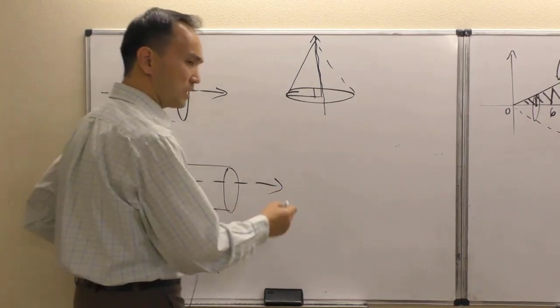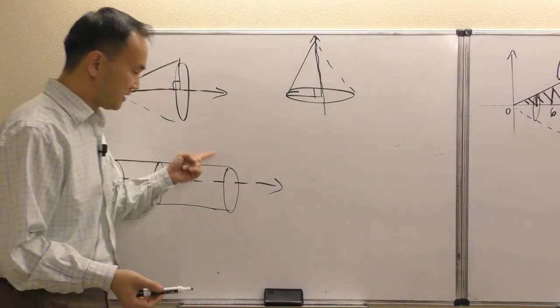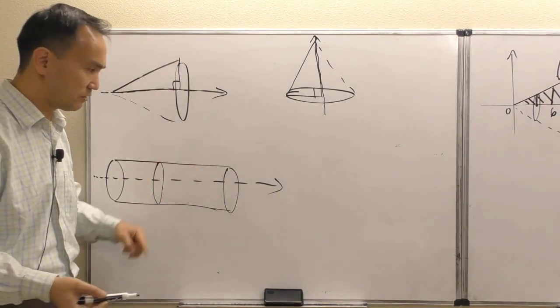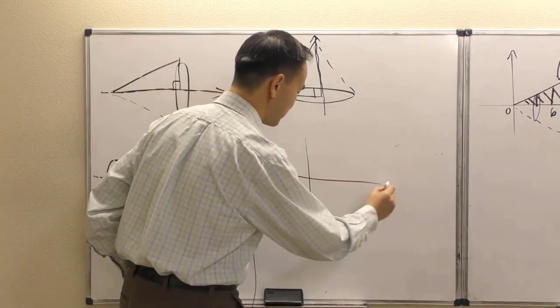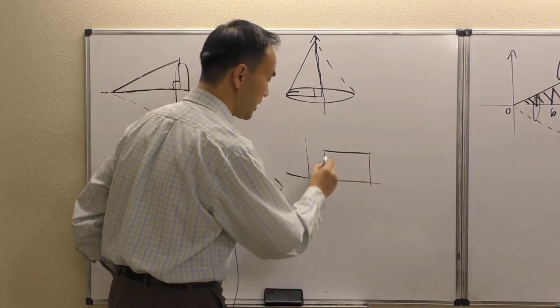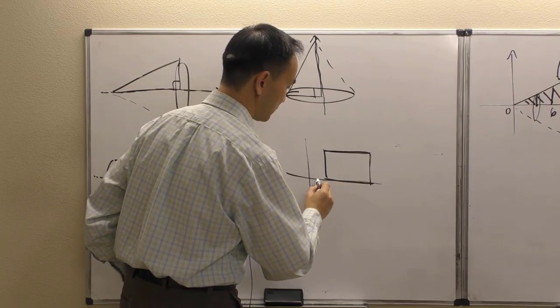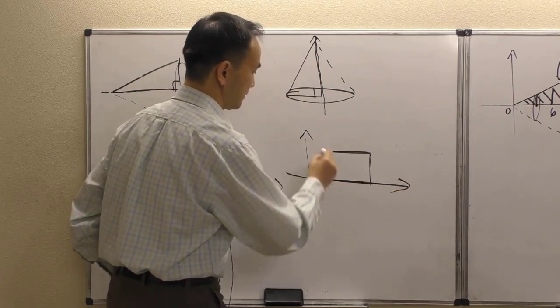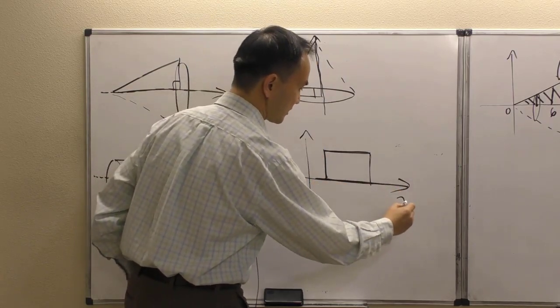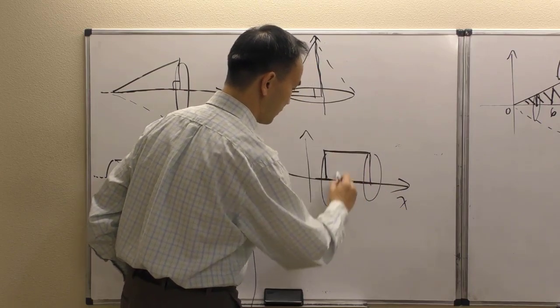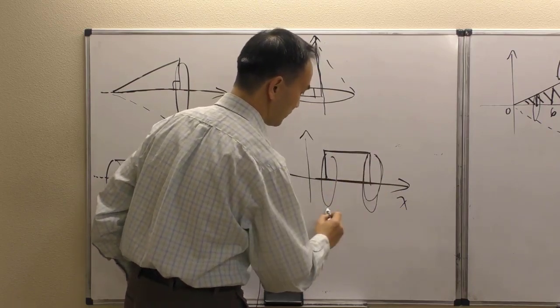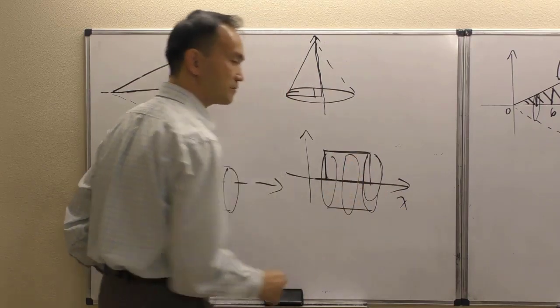So what kind of region, after rotating, gives us a cylinder? Any rectangular shape. Now we can align it with the x-axis and start rotating. There we have created for ourselves a cylinder.